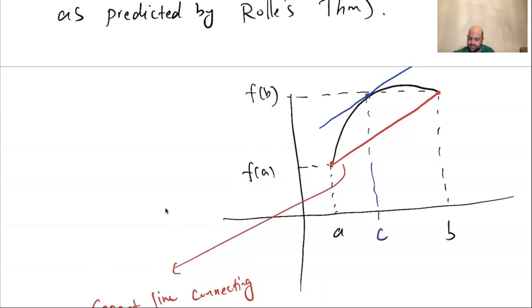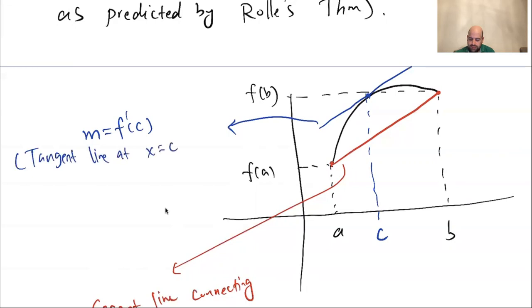So c, and the slope m equals f prime of c, the tangent line at x equals c is parallel to the secant line connecting the endpoints.